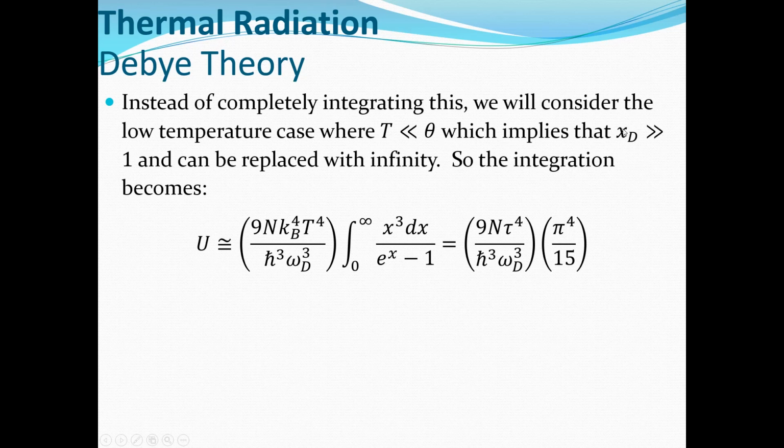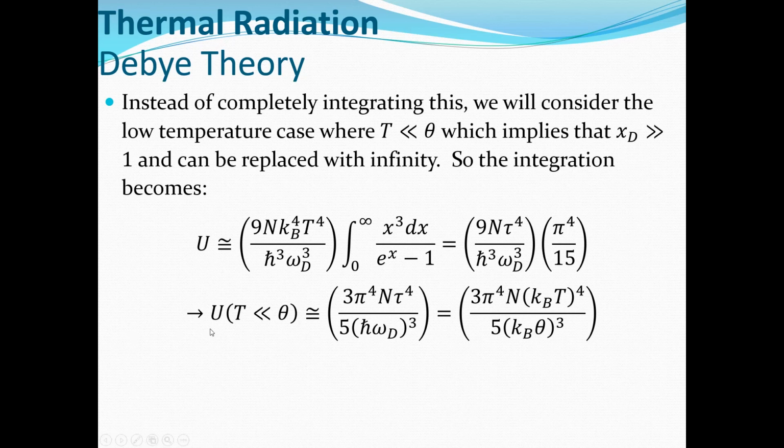So that means we can say that x_D is extremely large and can be roughly equal to infinity. So this integration is going to just be that pi to the fourth over 15 that we've seen before. So we end up getting this is the energy for low temperatures, simplified to this.